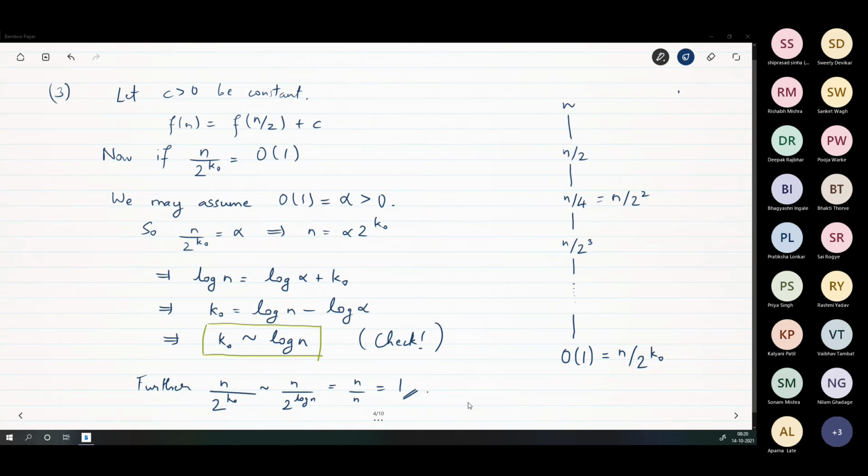I hope you can see what I'm writing now. From n to n by 2, the height is 1, right? You're going from n to n by 2 to the 1. Now, if you're going from n to n by 2 square, the height is 2.